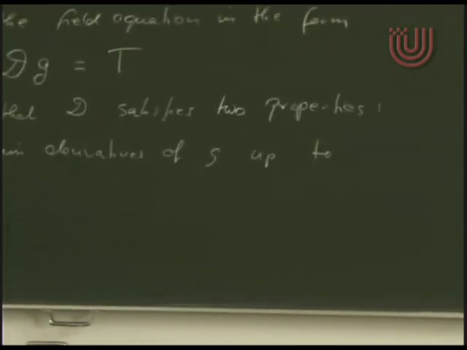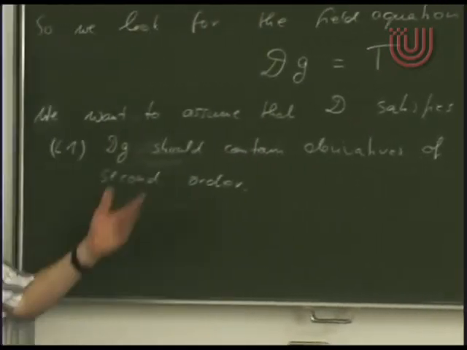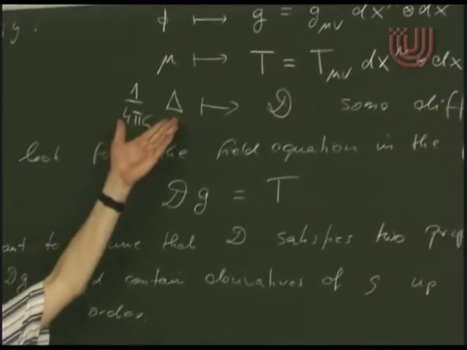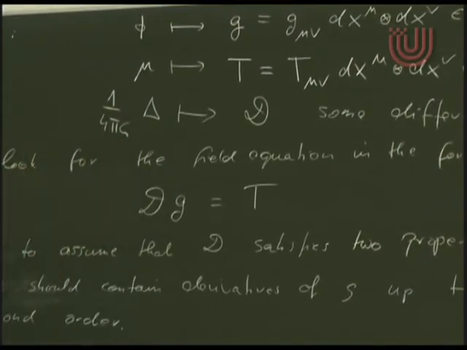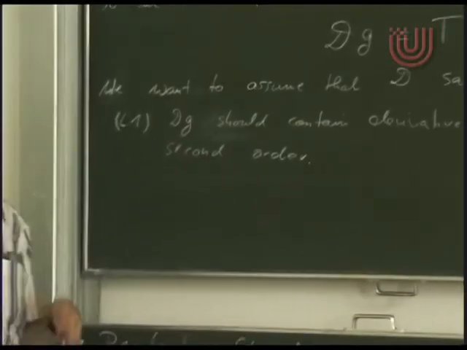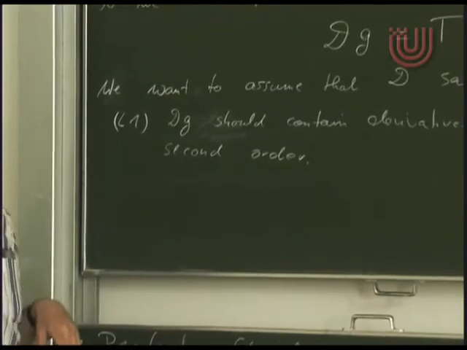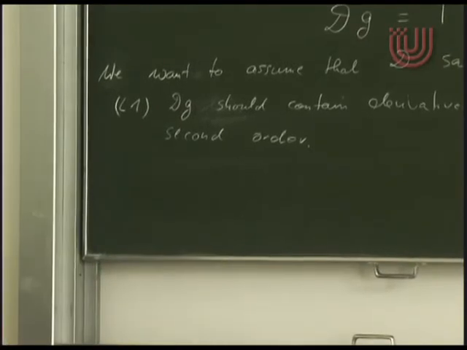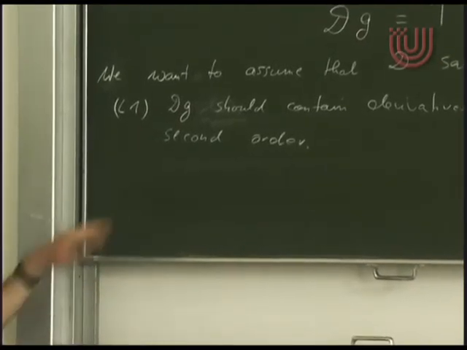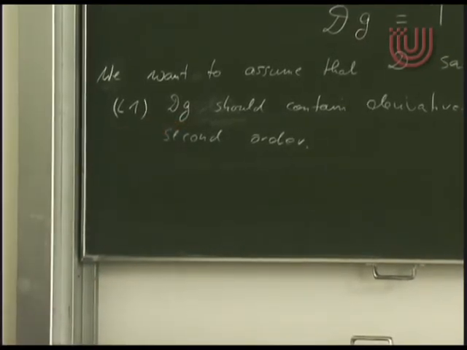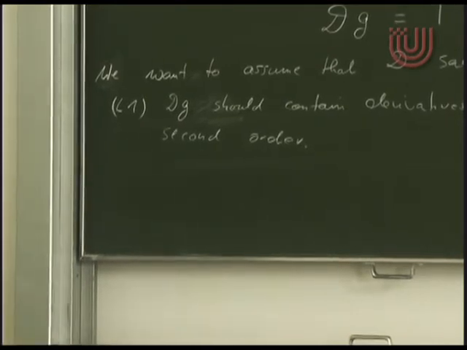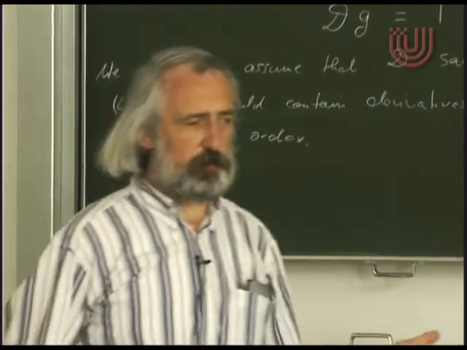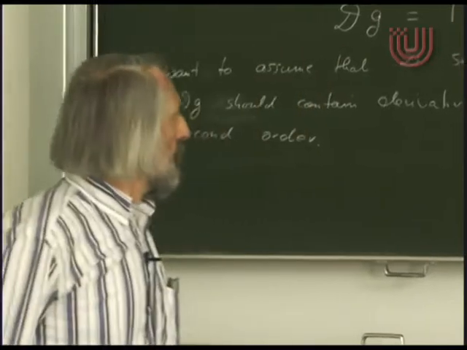You may ask why. Well, an obvious argument is Newton's theory. I have something of second order. So the first try would be to work with something of second order also in the general relativity case. And another argument could be that more or less all basic laws of physics you know about are of second order in the relevant quantity. Newton's equations, Maxwell's equations if you write them in terms of the potential, the Klein-Gordon equation.